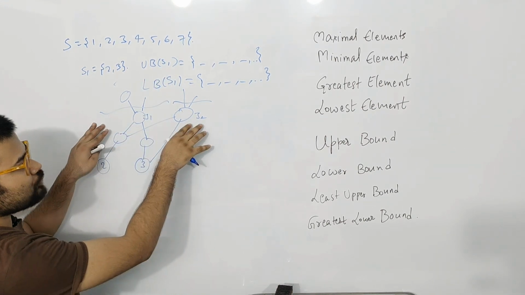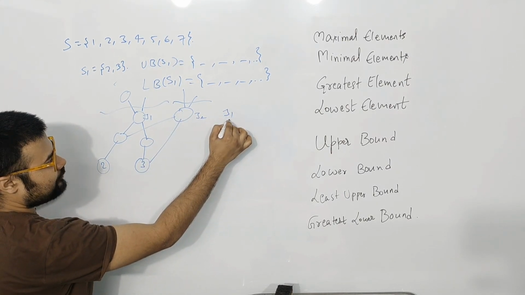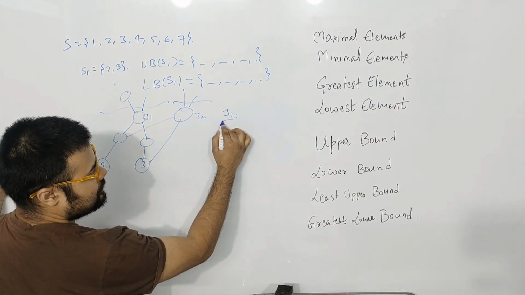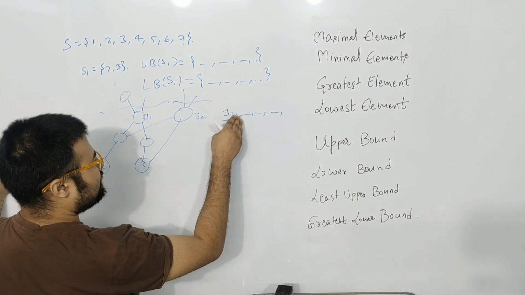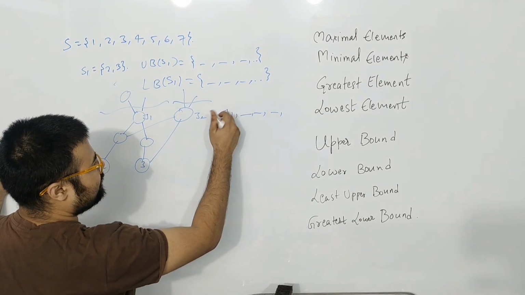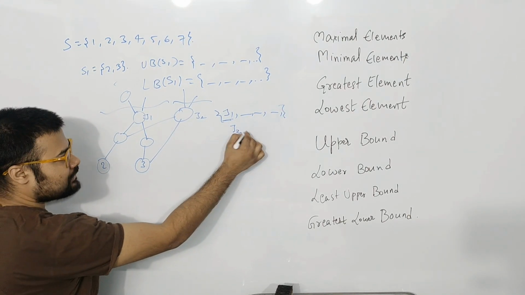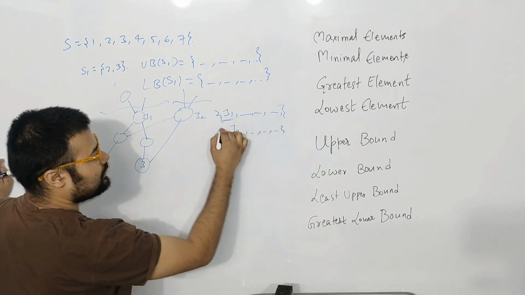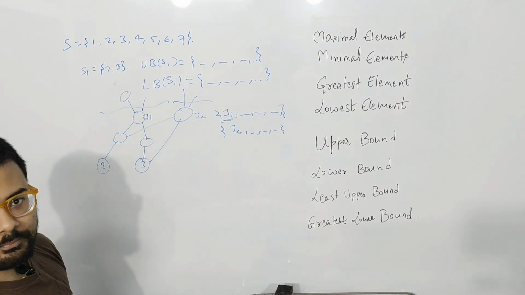If you have more than one join point, then J1 is a join point and every element in the upward path from J1 is included, and J2 is a join point and every element in its upper path is included. That's how you can find the upper bound.